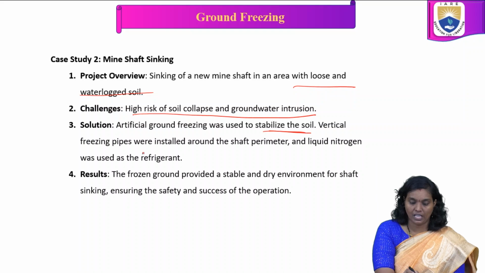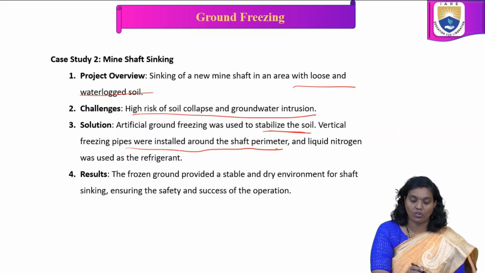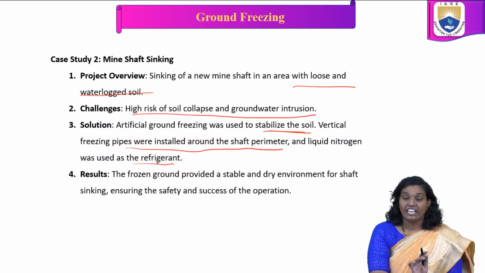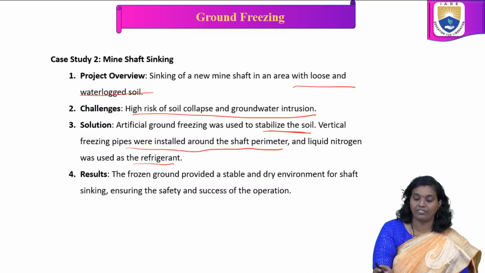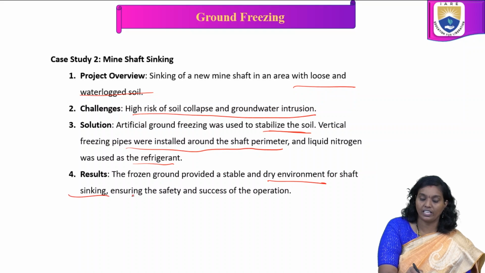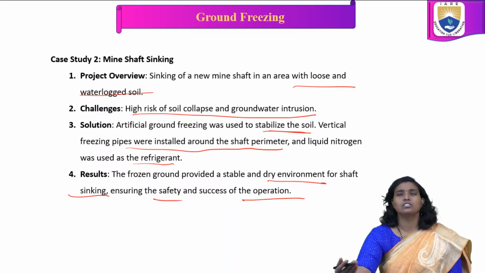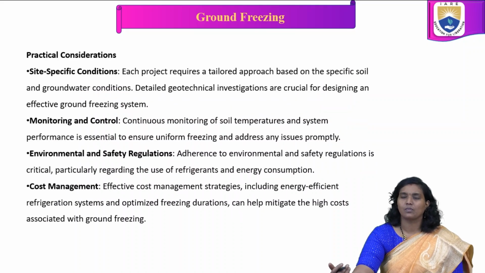Vertical freezing pipes were installed around the shaft perimeter and liquid nitrogen was used as the refrigerant. Results: the frozen ground provided a suitable and dry environment for shaft sinking, ensuring the safety and success of the operation. These are the case studies that give a better understanding of the necessity of the ground freezing technique.